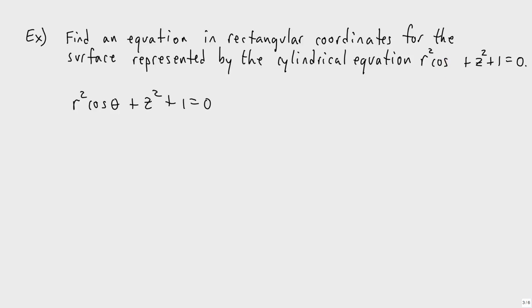Let's have the argument be 2 theta for that. So cosine of 2 theta is equivalent to cosine squared theta minus sine squared theta. Thank you, trigonometry.